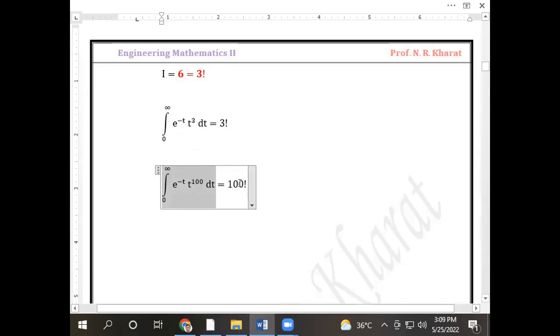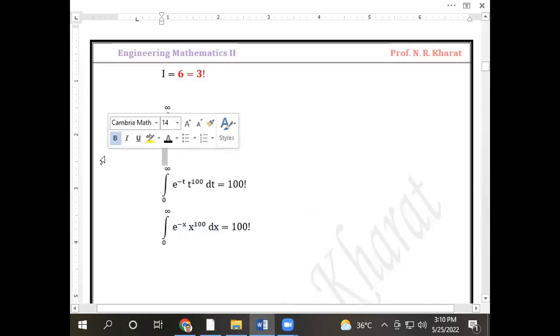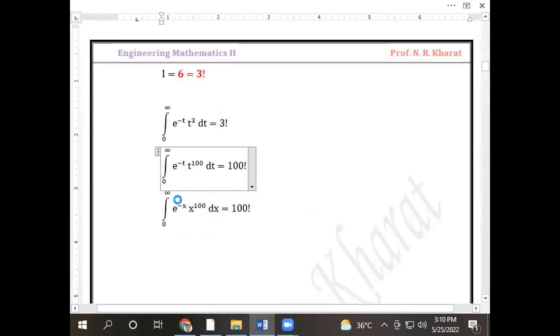Suppose we change the variable of integration from t to another variable. Here, instead of t, suppose I say it is x, and x has the same index, and the integration variable changes. The answer remains the same. It means that in the gamma function, or in this integration, the choice of variable does not matter.